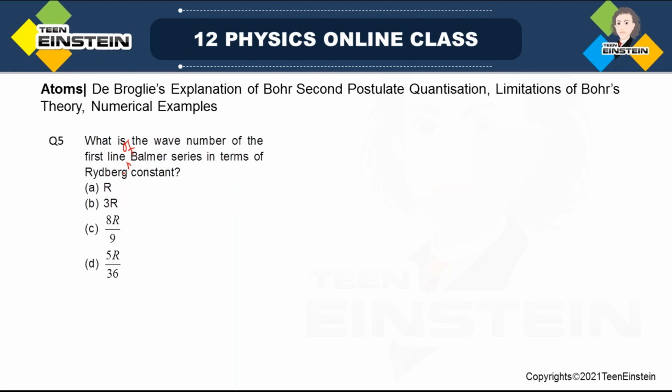You have to find out the wave number of the first line of Balmer series. So we have to first write down the expression for the wave number for Balmer series.